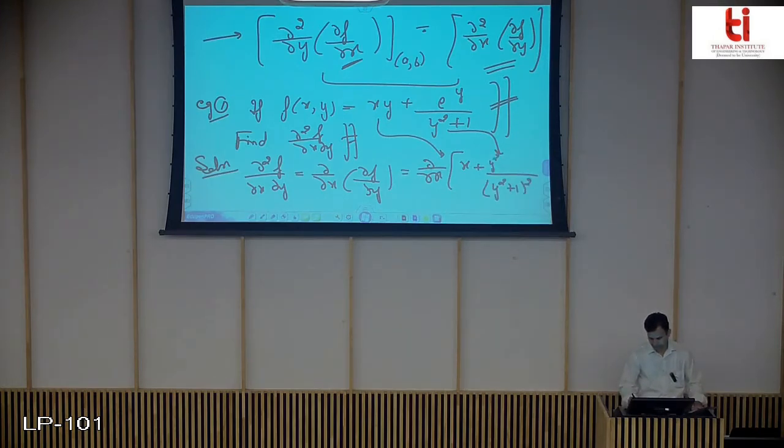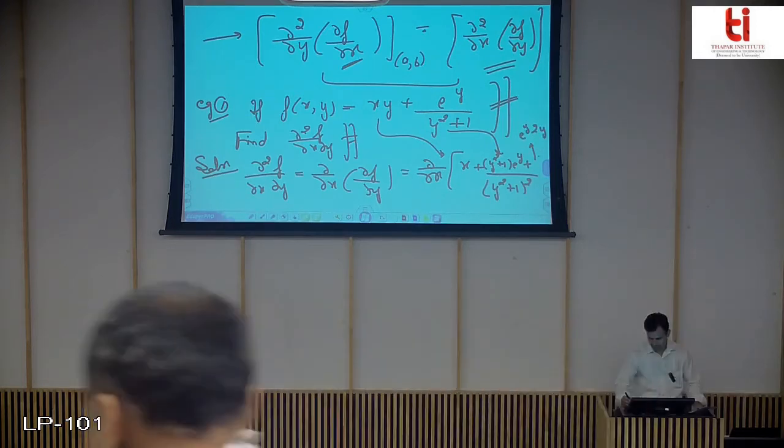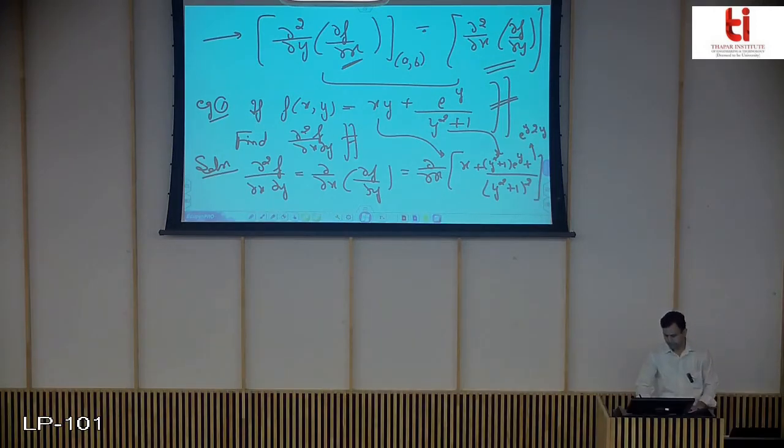Finally, when you differentiate with respect to x, the second term is a function of y only, so it gives zero, and you get equal to 1. Now what is the use of Euler's mixed derivative theorem?